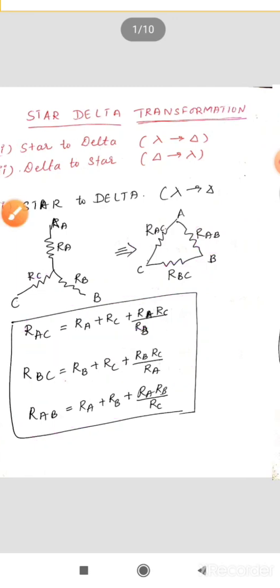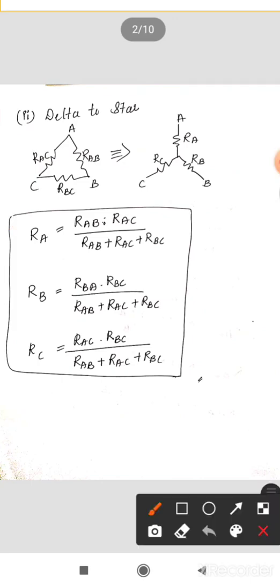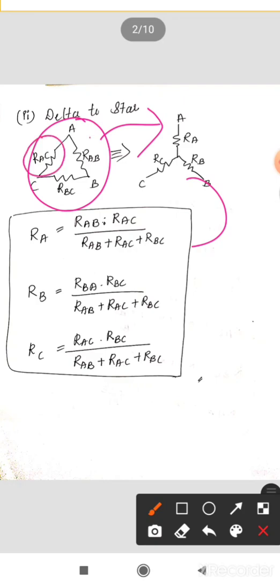Next we have delta to star connection. Suppose we have a delta connected network, then how do we convert this into a star connected network? Observe here, we know RAB, RAC and RBC. We are supposed to calculate RA, RB, RC.